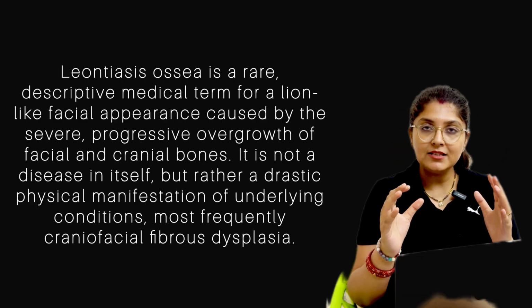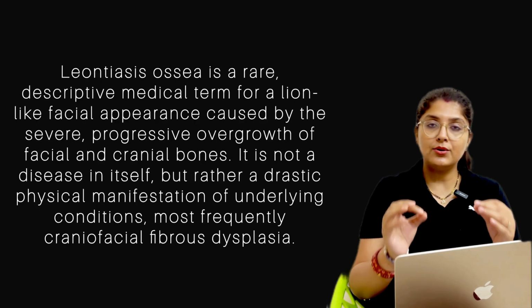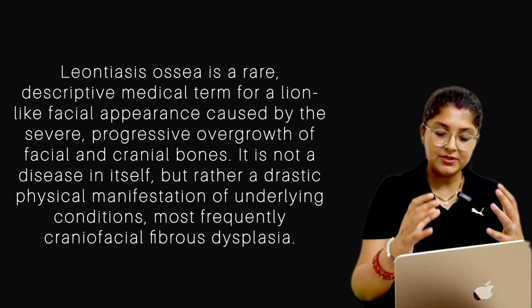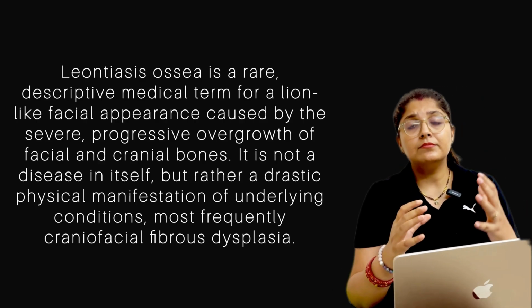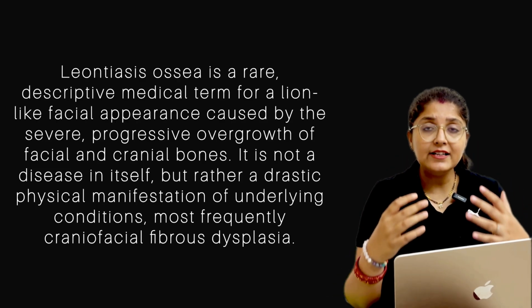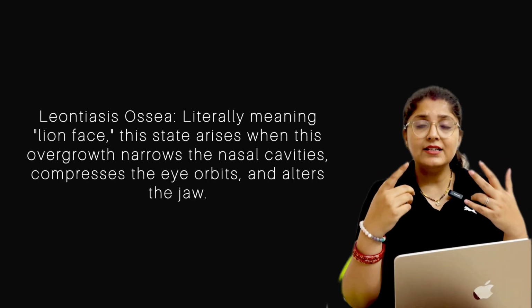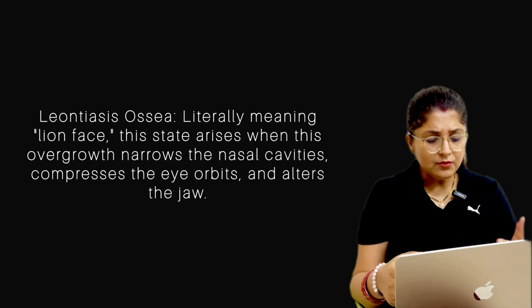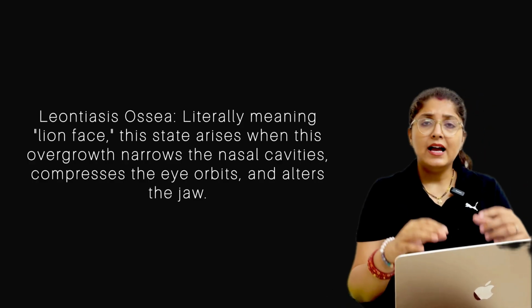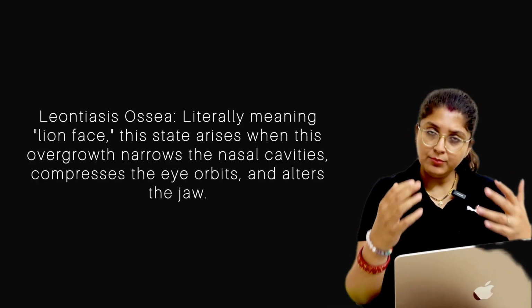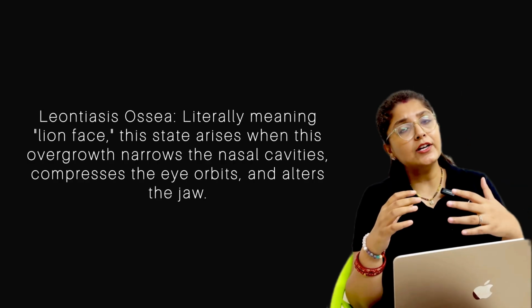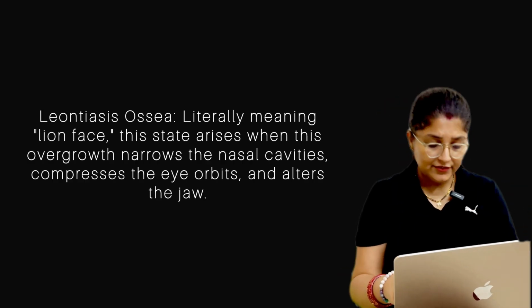Please keep this in mind. Leontiasis ossea is basically fibrous dysplasia which involves the anterior maxilla, and the extension will be into the maxillary antrum and the walls of the orbit, okay? And proptosis of the eyeball will be seen, and the sphenoid bone will be involved, right?